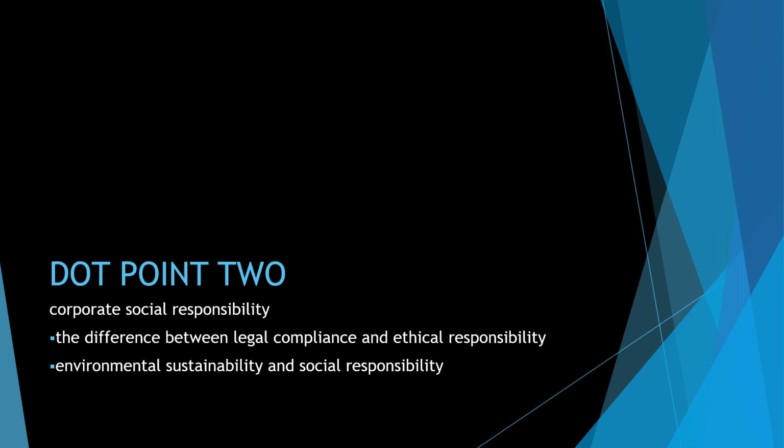So simply, the difference between legal compliance and social and ethical responsibility lies in the compulsion factor. So CSR means going above and beyond the law. Ethics is about doing what is morally right or societally expected. Law is just doing the bare minimum you have to be a legitimate business. So ethics is about going above and beyond that.